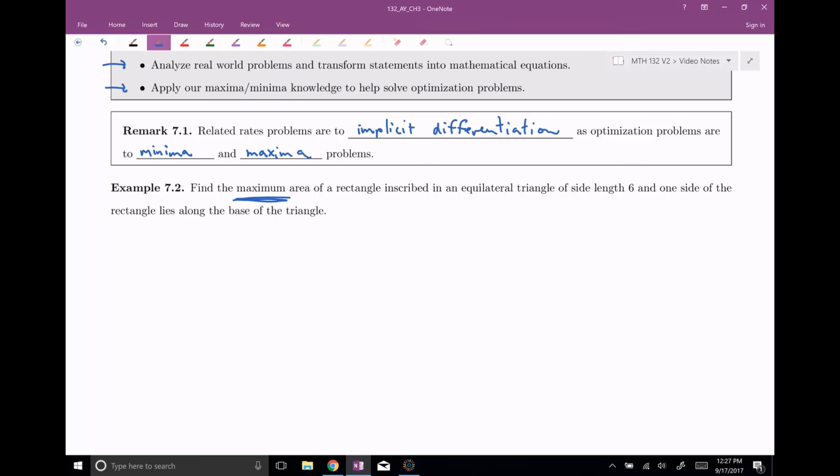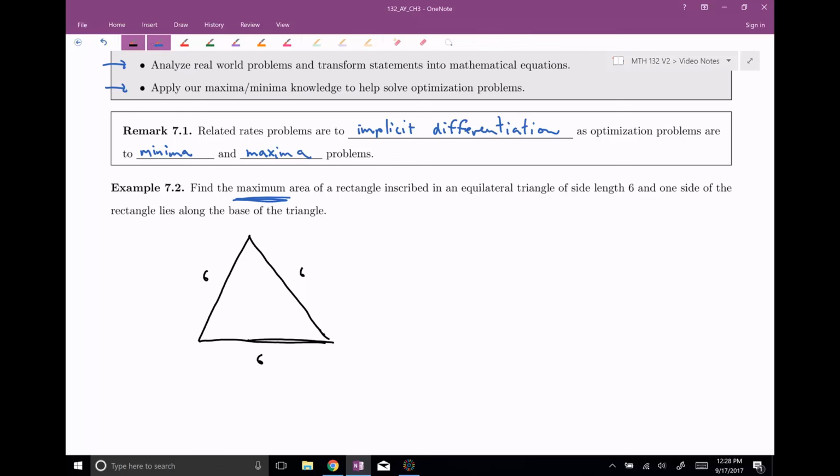Once you've read it over a couple times, I recommend trying to draw a diagram. So I'm going to go ahead and draw our equilateral triangle here. We know the side lengths are 6, 6, and 6. And we know that we have inscribed inside of this a rectangle.